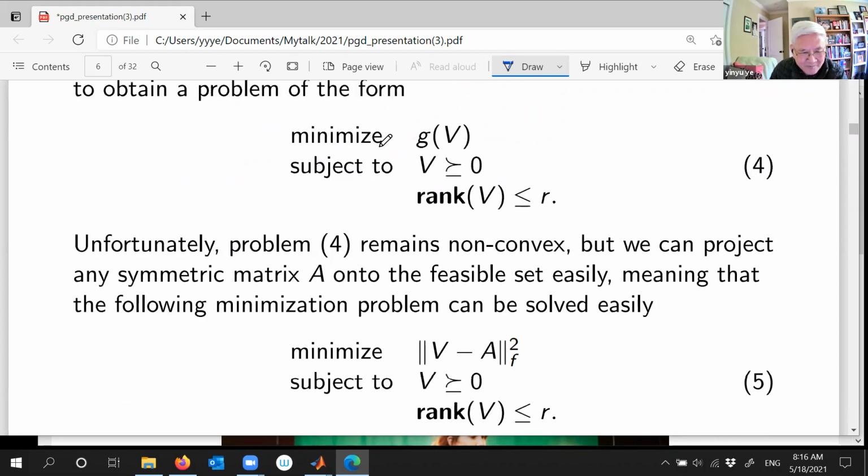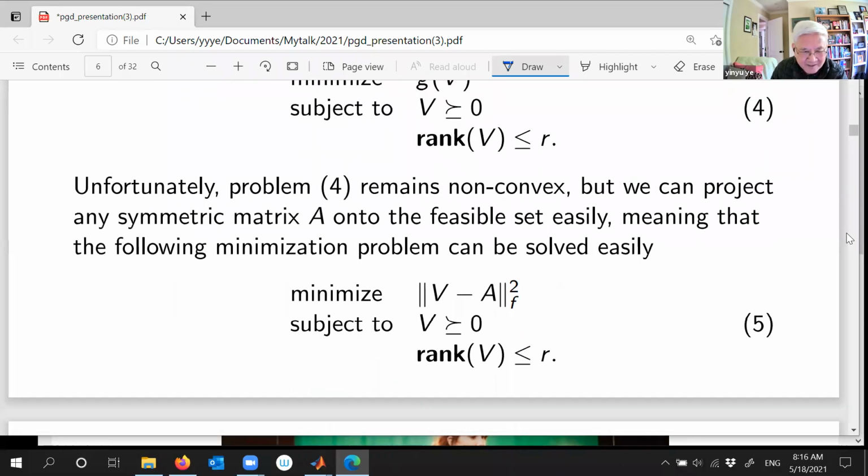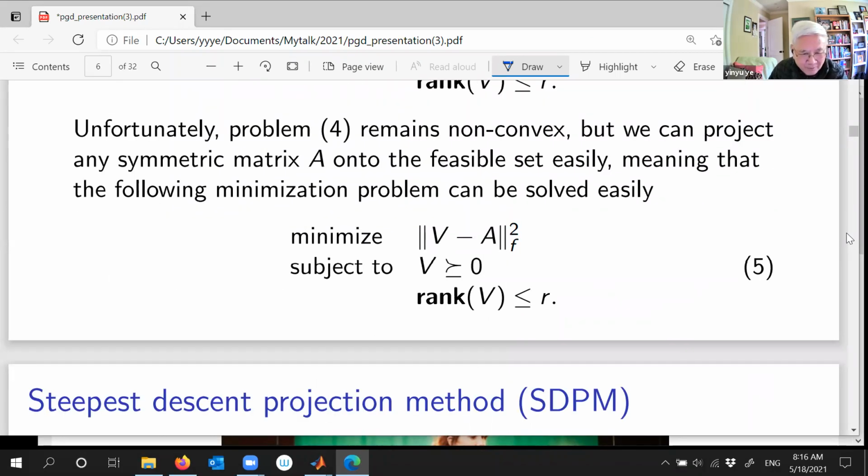Although minimizing even a convex objective function with a rank constraint is hard, if you want to project a general symmetric matrix onto this constraint set, finding a V which is positive semi-definite with rank no more than R, and you minimize the Frobenius norm, which is equivalent to the L2 norm in vector space, then this problem can be solved very efficiently, okay?